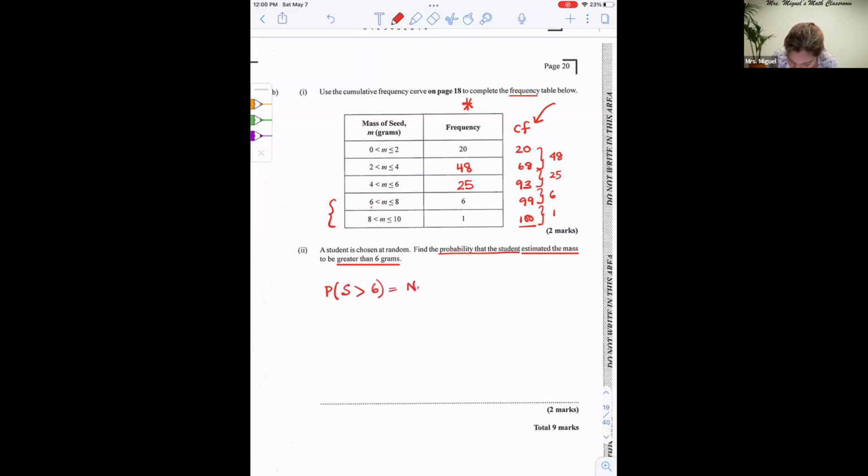So it is the number of students with a mass greater than 6 over the total number of students. How many students have a mass greater than 6?